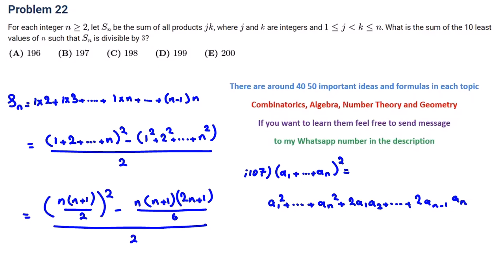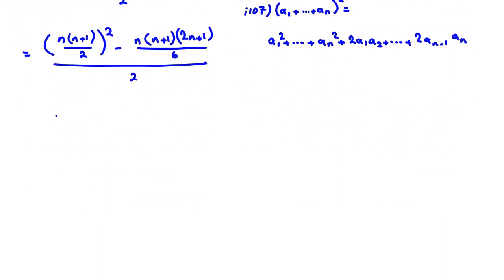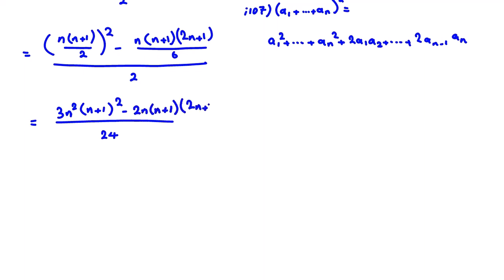Okay, let's calculate. Let's multiply first both numerator and denominator by 12. 12 times 2, 24. So here, 3n squared (n plus 1) squared minus 2 times (n plus 1) to (n plus 1).